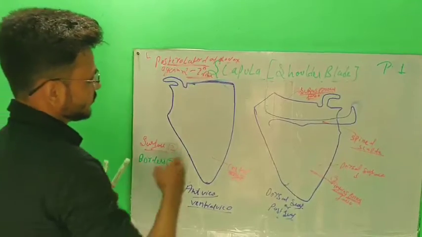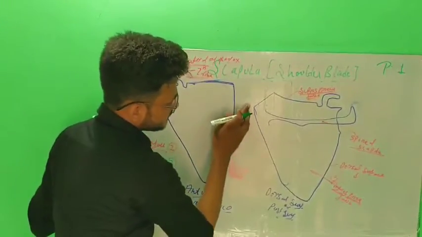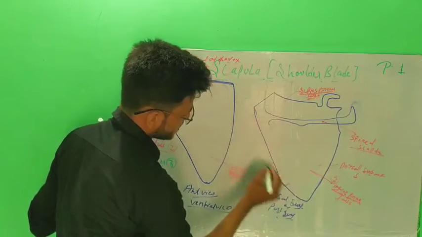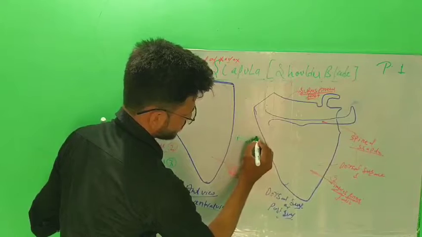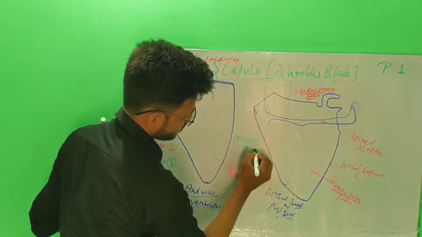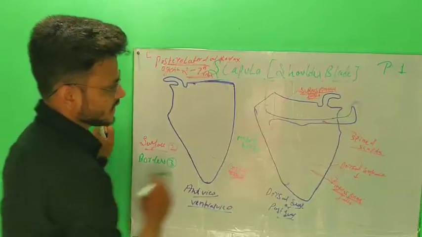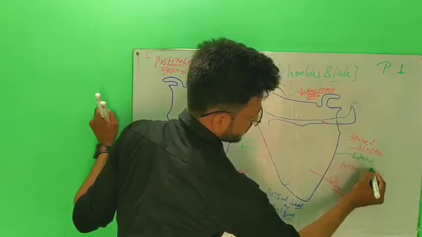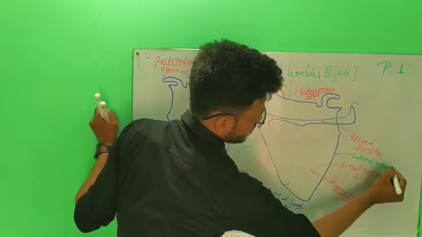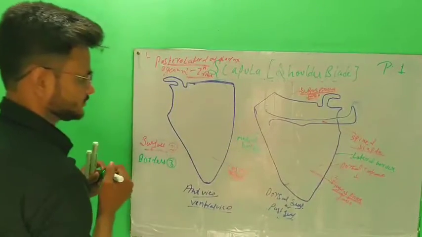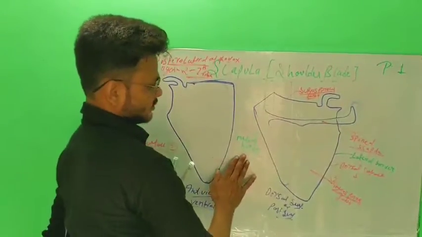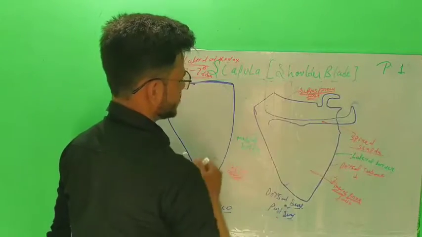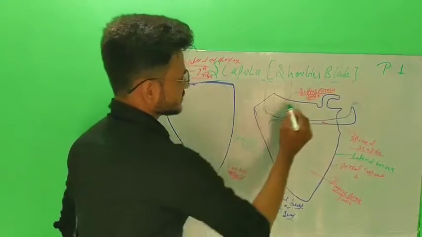Number one, this is the medial border. This is the lateral border, and this border is our superior border.